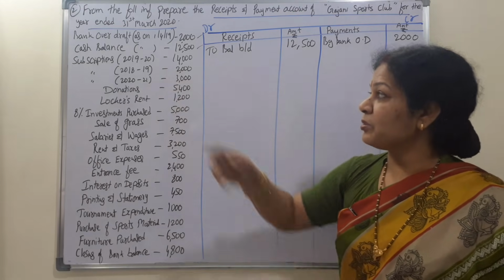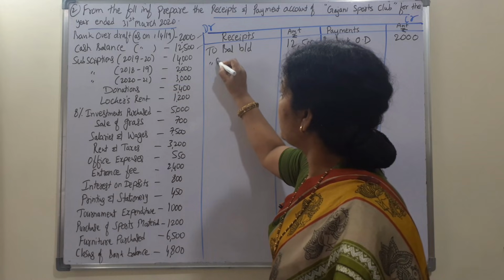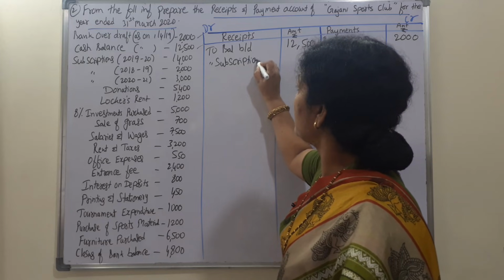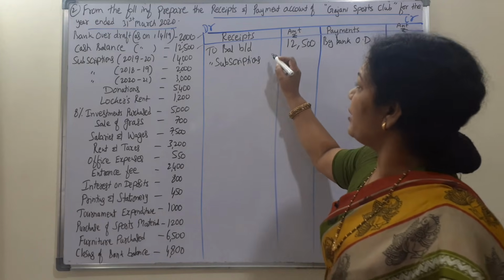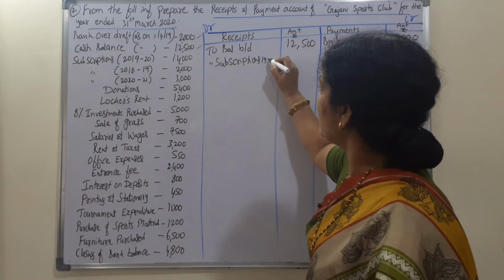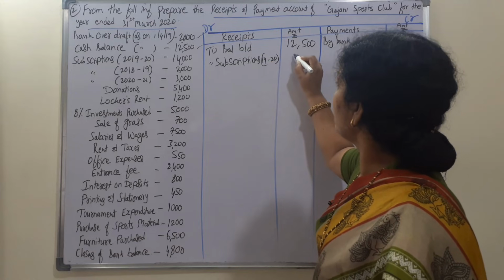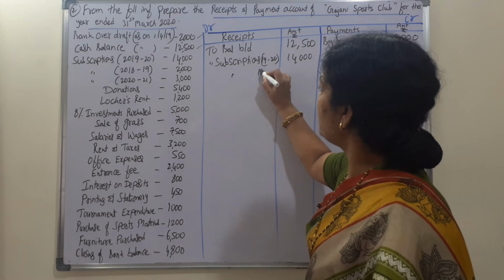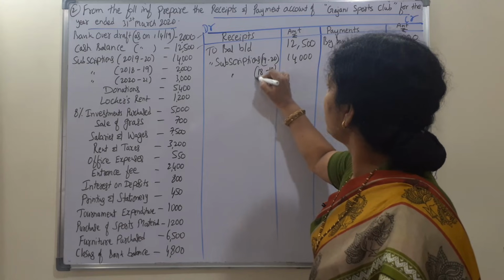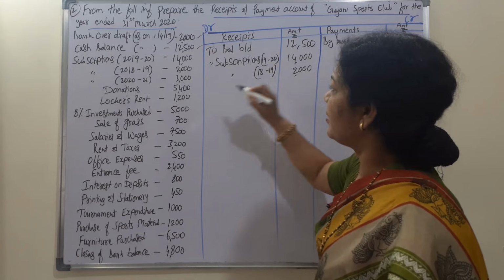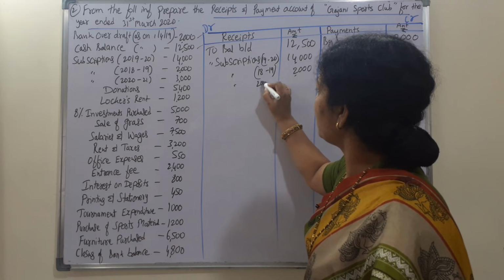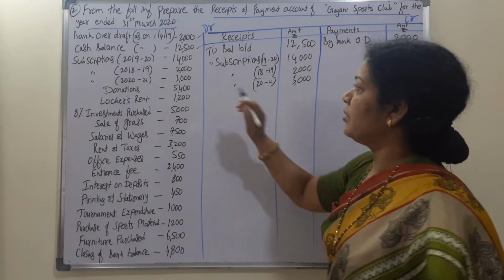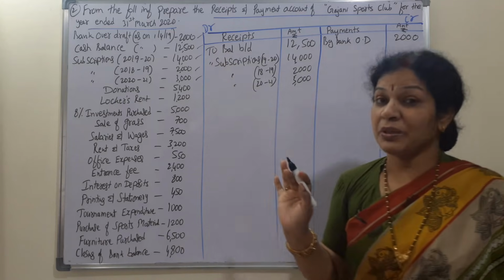So subscriptions, total: 2019 to 20, 14,000, and 18 to 19, 2,000, 20 to 21, 3,000. Subscriptions we have written on the debit side because it's an income.